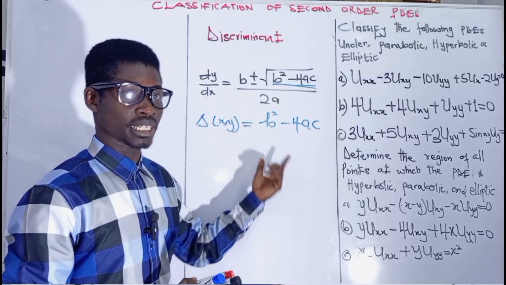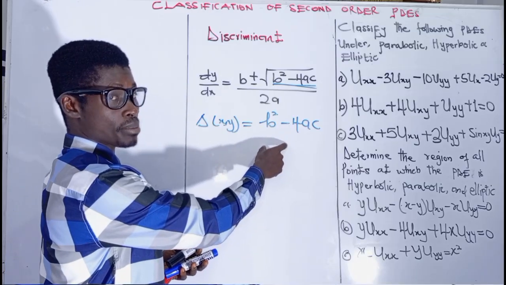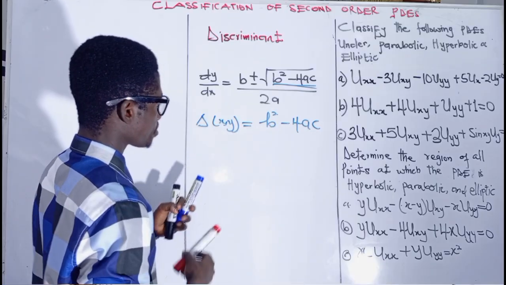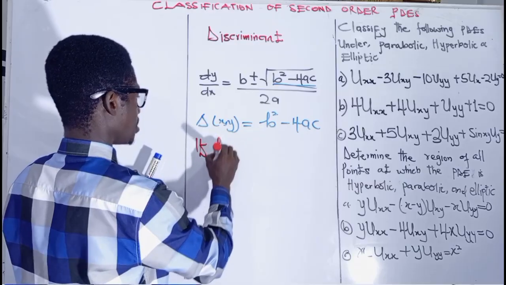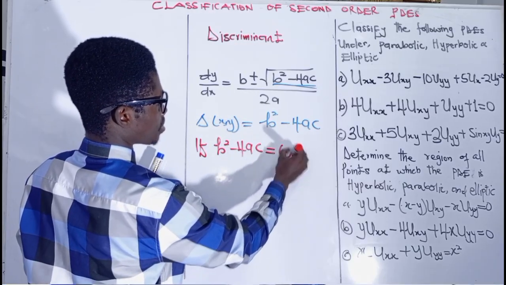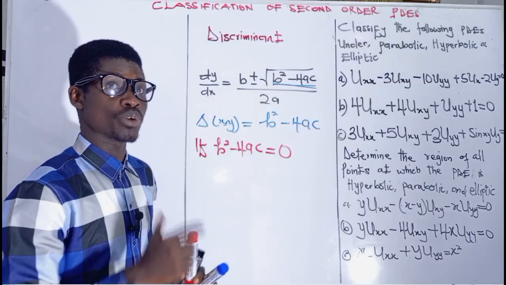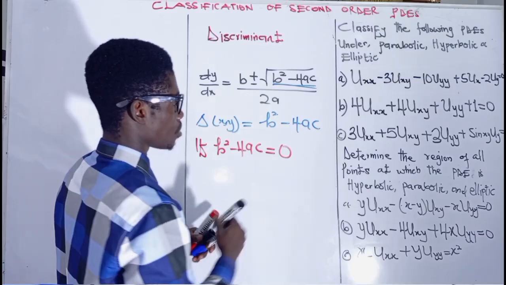What does this discriminant say? It says that if the discriminant is equal to 0, then we say that that equation, that PDE, is a parabolic equation. Is what? A parabolic.